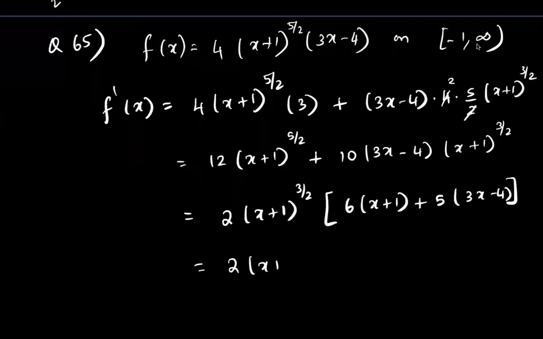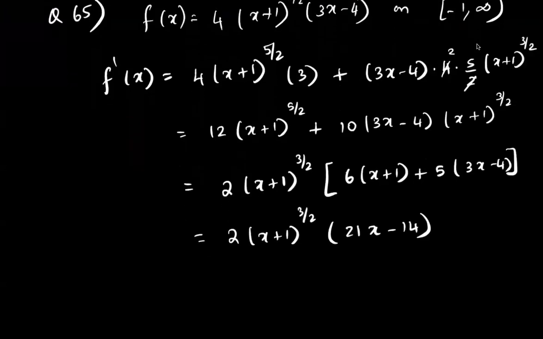Combine this. 6x plus 15x, 6 plus 15 is 21, plus 6 minus 20 is minus 14. So 7 can go out, so that is 14.